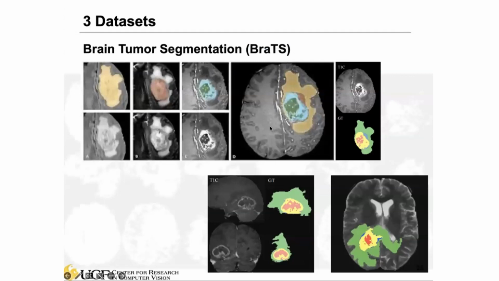So this is just a couple of examples to showcase some of the databases. This BRATS database is MRI, right? It has ground truths for different types of tumors, and the MRI, which is volumetric data, has multiple slices and also different modalities.